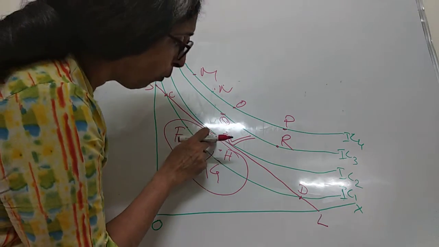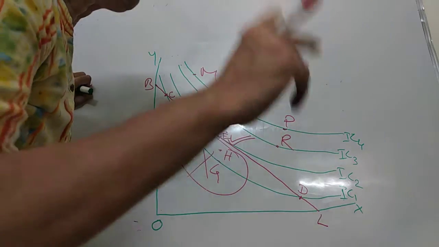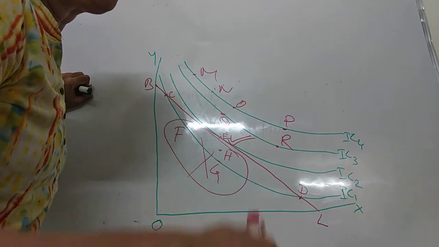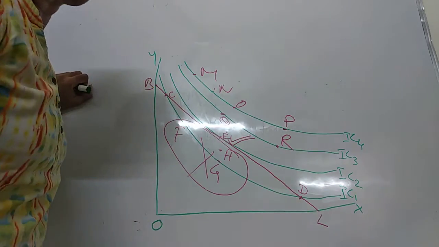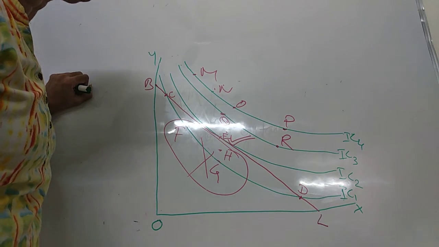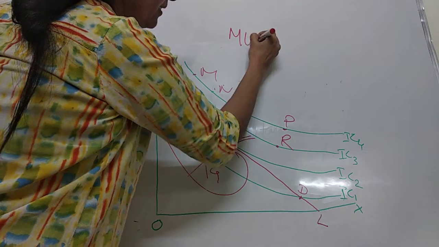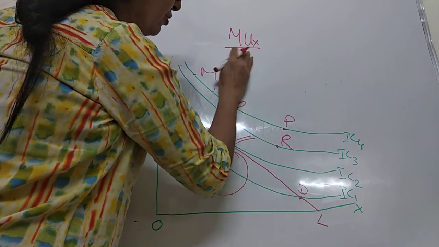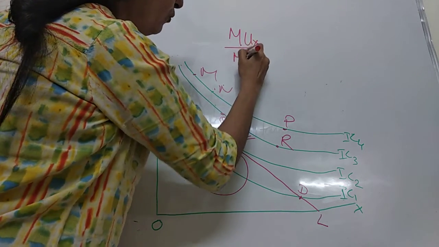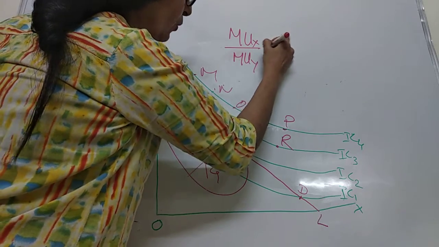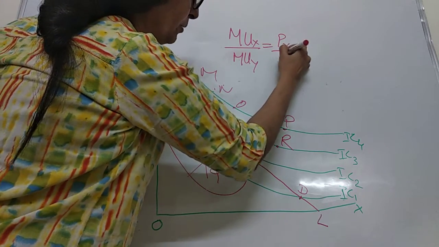So that is one explanation. Now coming to the second explanation with the two conditions in mind, right? And what were those two conditions? The two conditions were MUX upon MUY is equal to PX upon PY.